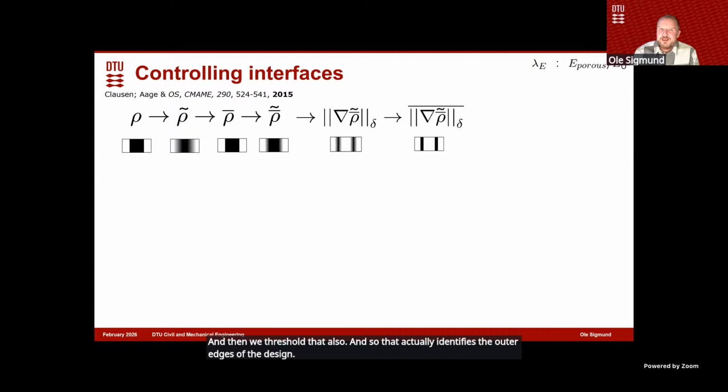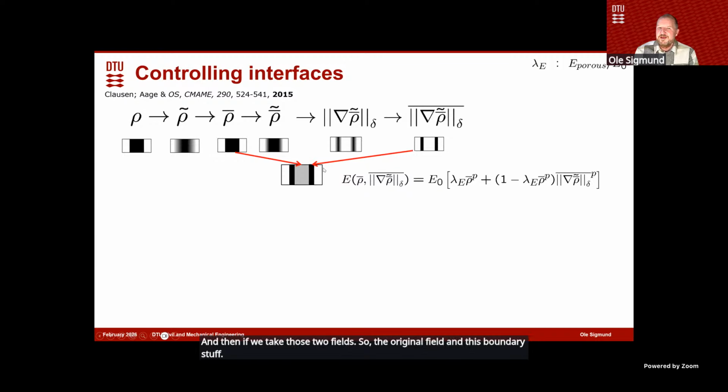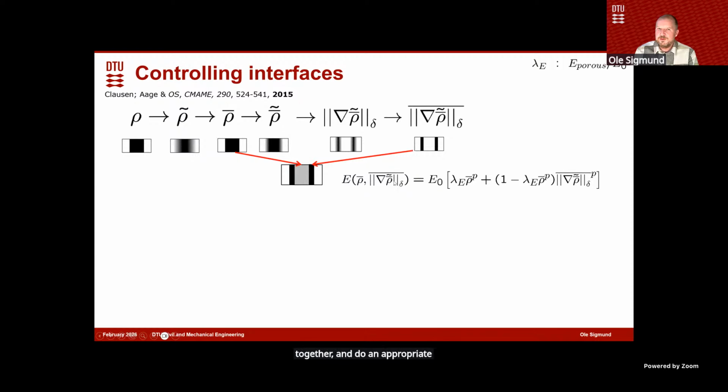Then if we take those two fields, the original field and the boundaries together, and do an appropriate Young's modulus interpretation, we can start doing designs that have these edges outside, where the interface is solid, and the inner part with a certain porous stiffness, without having extra design variables. So still just with one field of design variables.